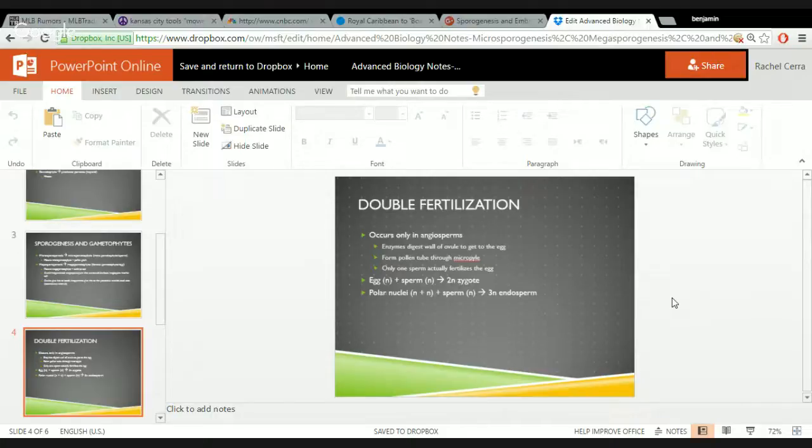Okay, basically what's going to happen in fertilization is there's going to be some enzymes that are going to digest through that wall of that ovule to get to the egg cell. They're going to do that through the micropyle. They're going to make this long tube called the pollen tube, because the pollen is normally stationed out on the stigma.